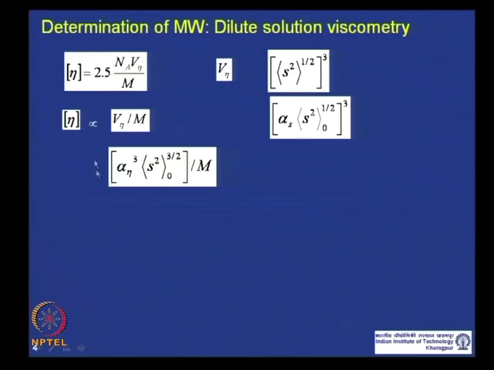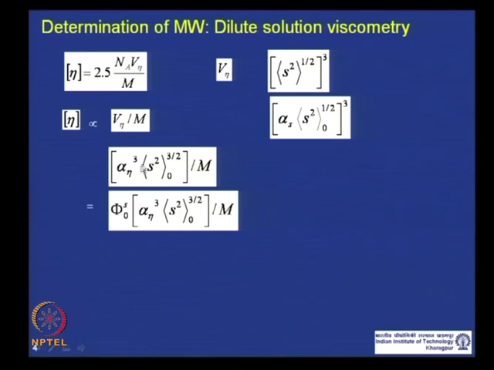So, we can write that intrinsic viscosity is proportional to V_H, which is proportional to this term divided by M. Now, we can remove this proportionality by introducing a constant. This is a constant. So, we can write intrinsic viscosity is equal to this term.